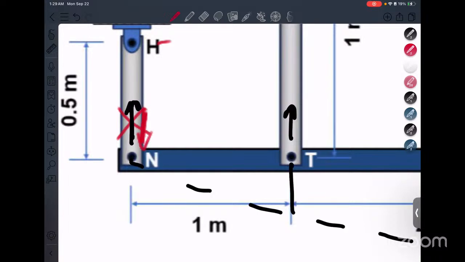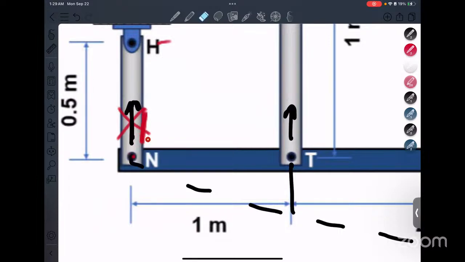It's more intuitive to look at it this way. It pushes point N downward because the reaction is downward, because it wants to pull bar point N back, right? Because point N is expanding. It wants to go this way. Bar HN is effectively pulling it back, meaning your reaction force is downward.